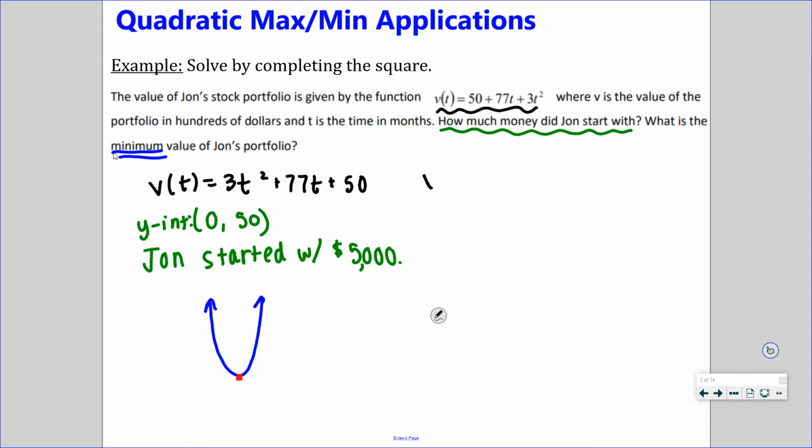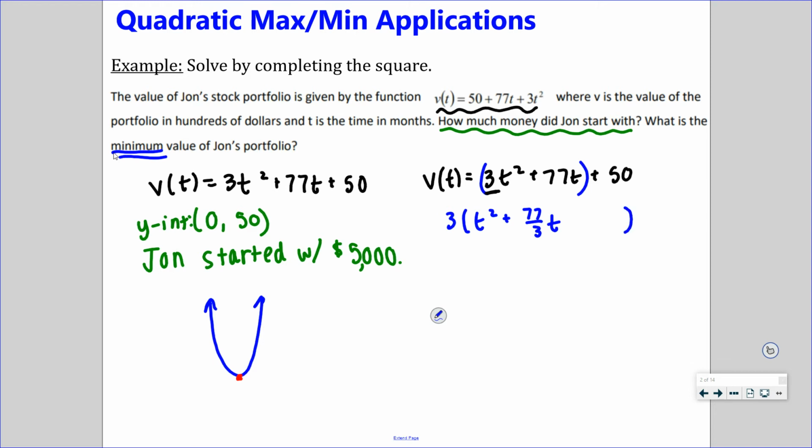Okay, here we go. One more time, completing the square. Let's do this. I'm going to do it over here. All right, first thing, group the t's. I'm going to have to factor out that 3, which would give me 77 thirds.